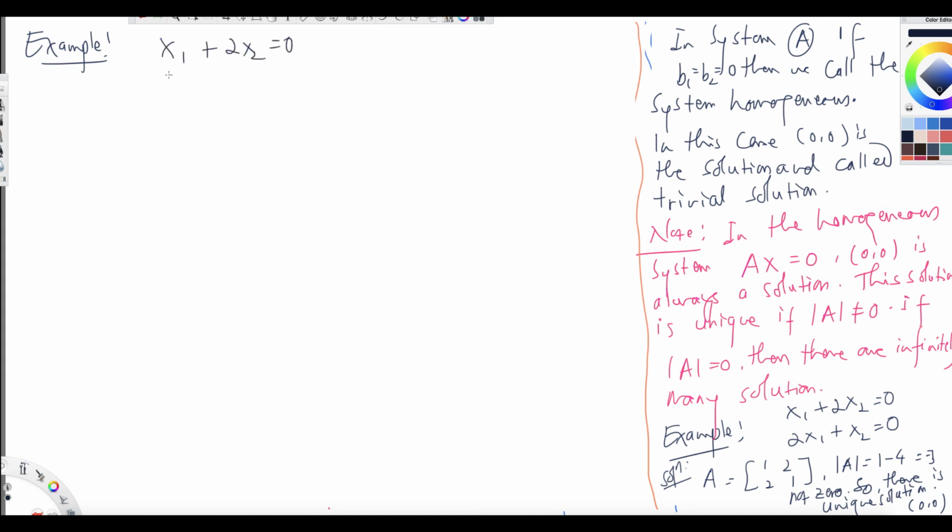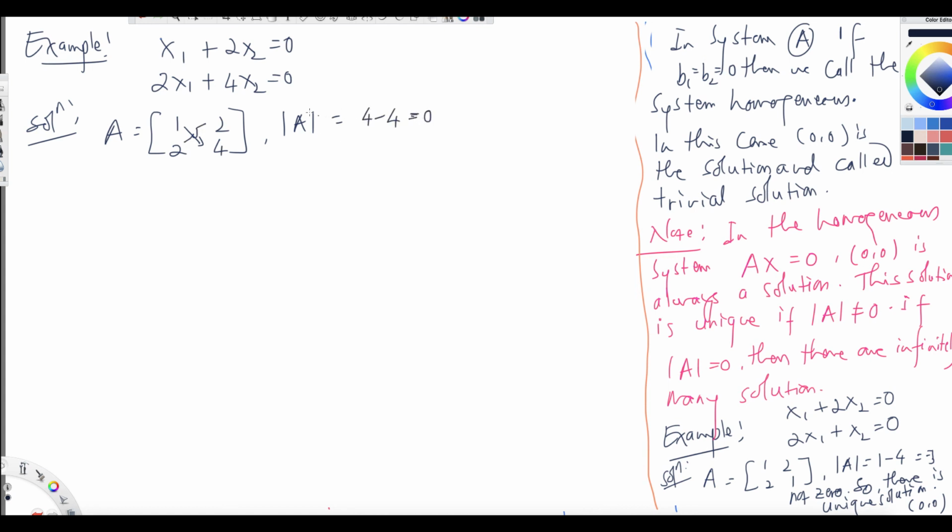This is homogeneous because the right hand side is 0. And 2x1 plus 4x2 equals 0. So here what is A? The matrix A is [1 2; 2 4], right? So what is the determinant of A? The determinant of A is the positive multiplication like this, and then this one is the negative multiplication. So 4 minus 4 equals 0.